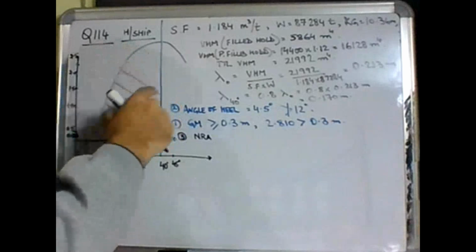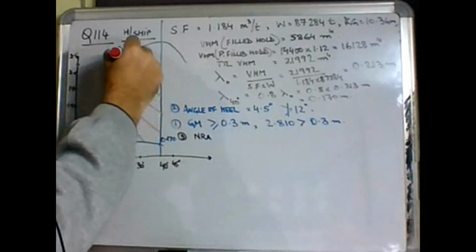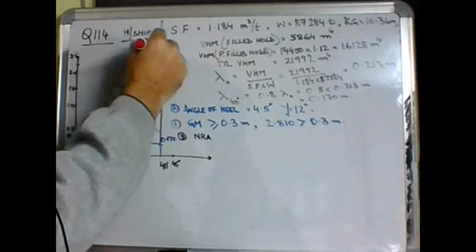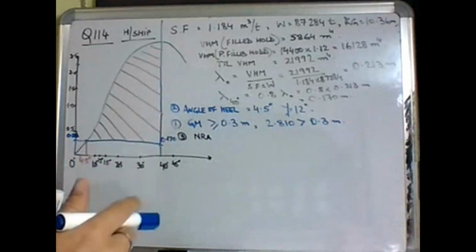I'll go further in this. This is the net residual area. ठीक है? अब what does the grain stability say?